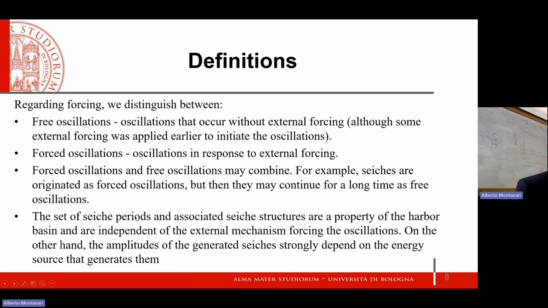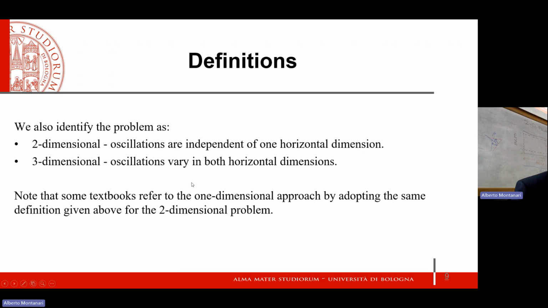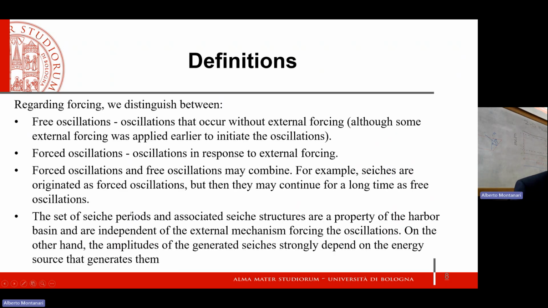Okay, let's see one thing. The set of periods of seiches are a property of the harbor. So the periodicity of the harbor is a property of the harbor, and it's independent of the mechanism generating the forcing. It's like the pendulum.